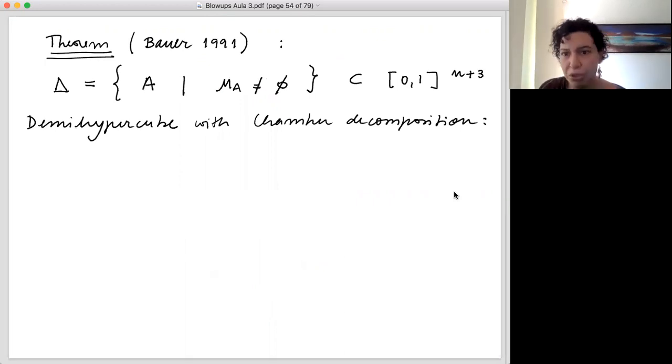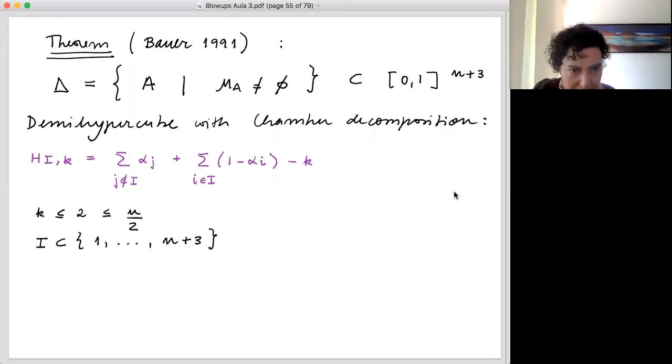And so going back to the work of Bauer, Bauer not only described this weight polytope consisting of weights with non-empty moduli space, but he also gave a chamber decomposition. So let me just state precisely what the chamber decomposition is in this case.